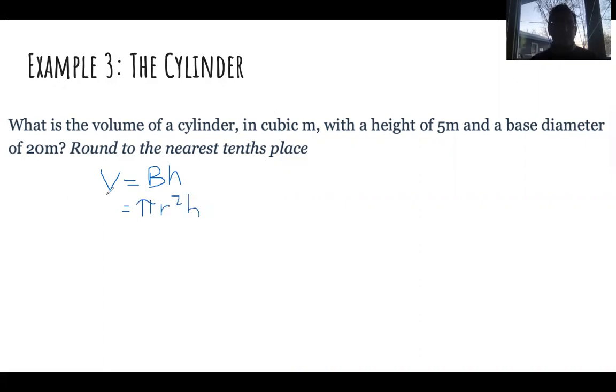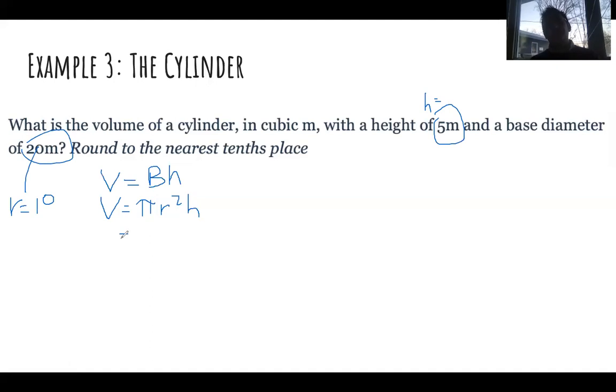I like it like this because I can read from the directions of the problem and immediately figure out what I need to put in. So my H is 5. If my diameter is 20, this means that my radius is half of a diameter. So my radius has to equal 10.